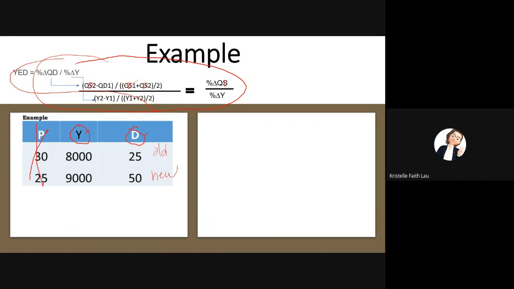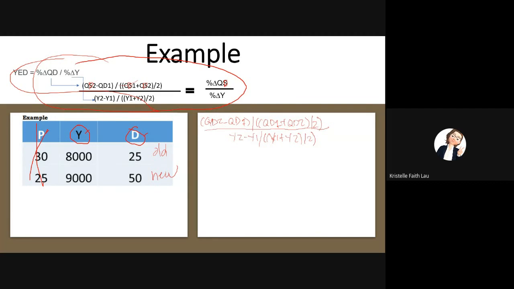That is D. So, QD2 minus QD1, then divide natin siya sa average, QD1 plus QD2 divided by 2, over Y2 minus Y1, and then Y1 plus Y2 divided by 2.